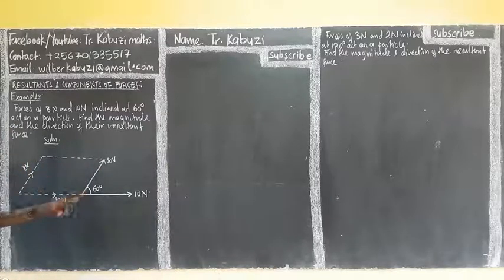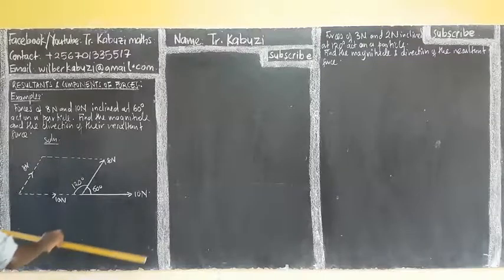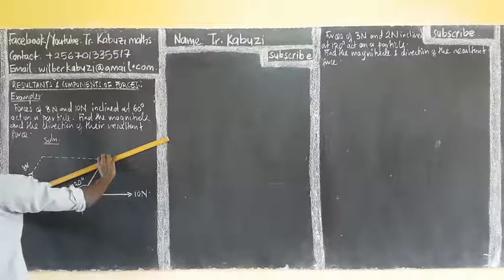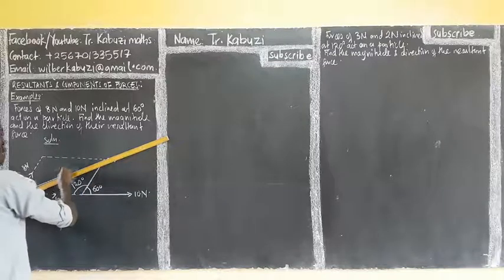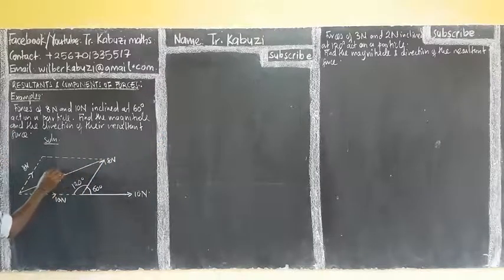Now, if this is 60 degrees, because this is a straight line, the balance here is going to be 120 degrees. Now, the resultant is going to be the force that acts there. So the resultant R is going to be this force here, which we can easily get the magnitude of.